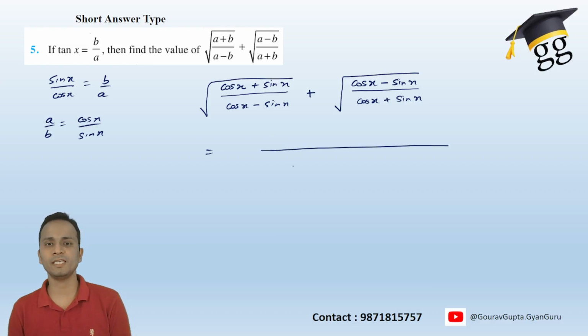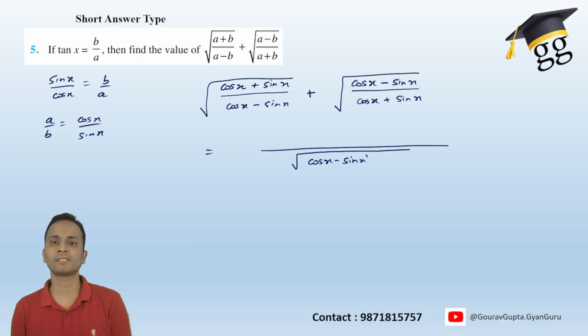Now take simple LCM of these two terms. So in the LCM, you will have under root of (cos x minus sin x) multiplied by (cos x plus sin x). Okay.